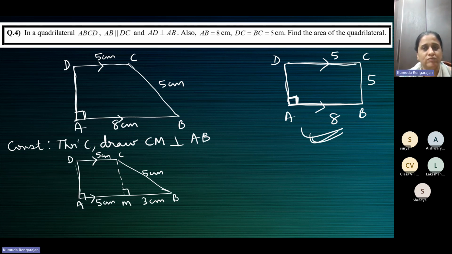So since DC is 5, AM is also 5. But the whole AB is 8. So MB will be 8 minus 5, 3. You can add and see 5 plus 3, 8.